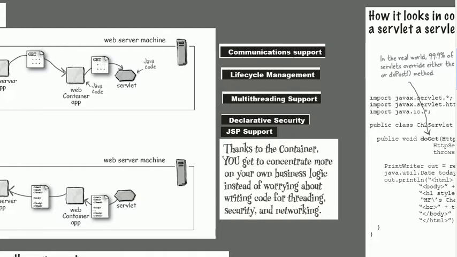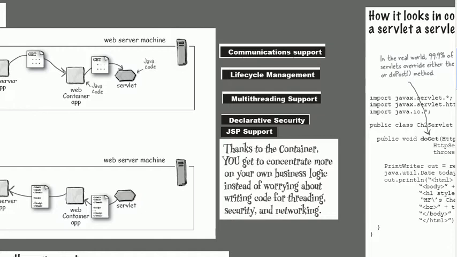So these are the benefits of using a container. The container knows how to communicate with the web server, and it manages the lifecycle of the servlets and JSP pages. It also has multi-threading support, so for every request to a servlet, it spawns a thread to run the servlet code.